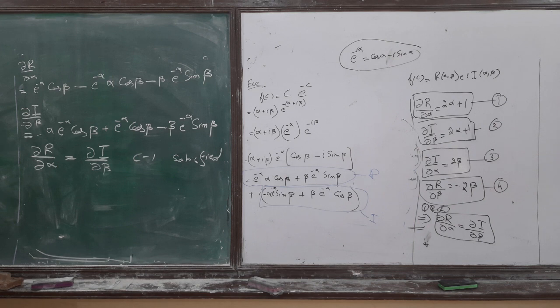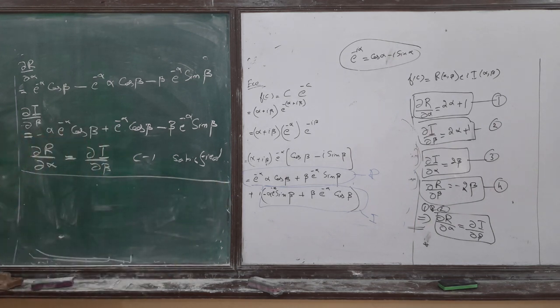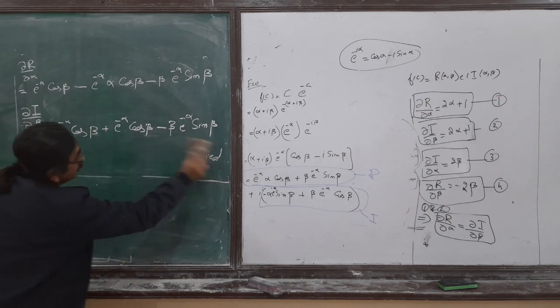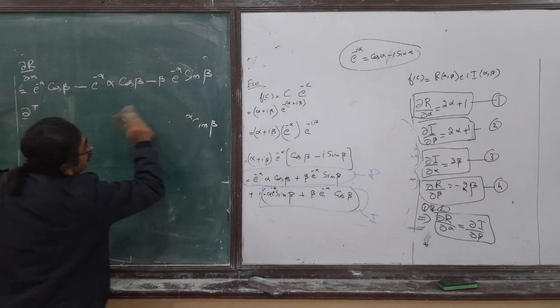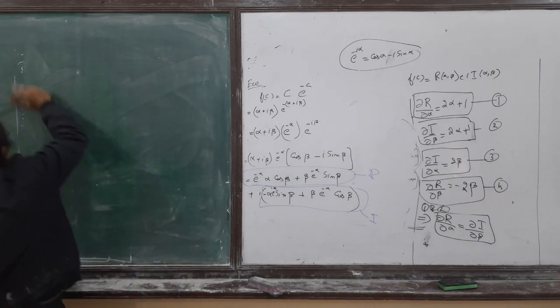Now about the second condition. Partial R over partial beta. What will be the second condition?